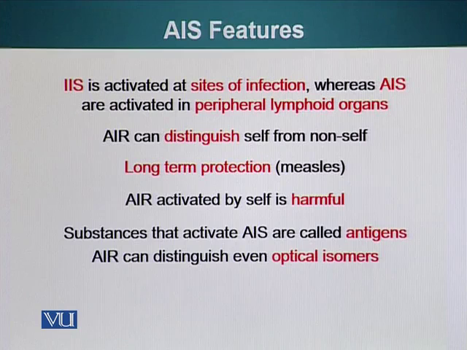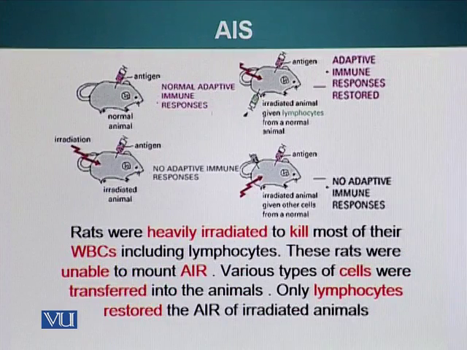Substances that can activate the adaptive immune system are also called antigens. Even if antigens are slightly different, they can activate different types of immune cells. So how do we know that B cells and T cells are responsible for adaptive immune responses? A simple experiment. Rats in this case were irradiated to kill most of their white blood cells, which include the lymphocytes.